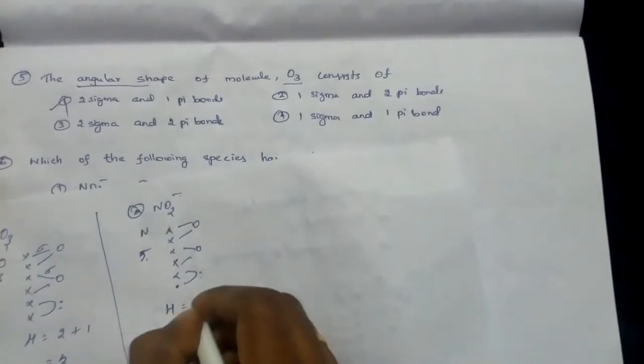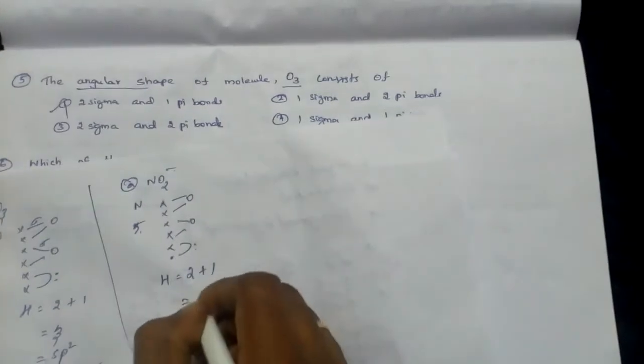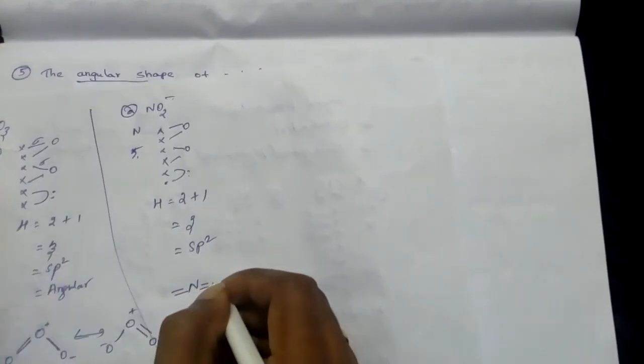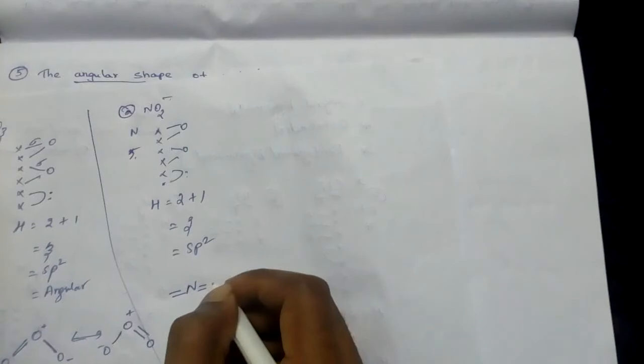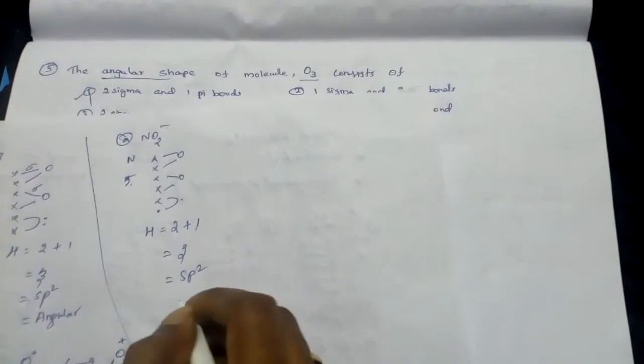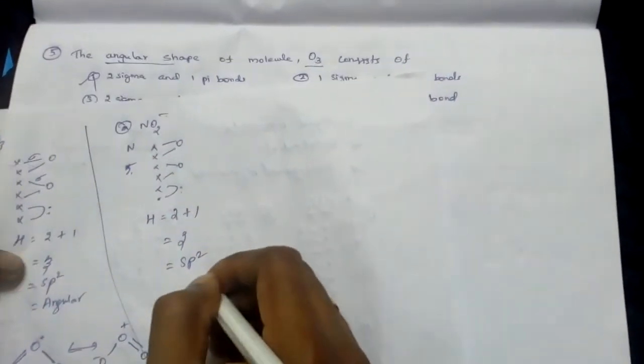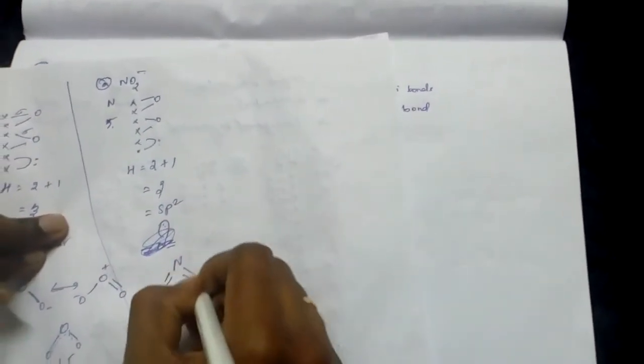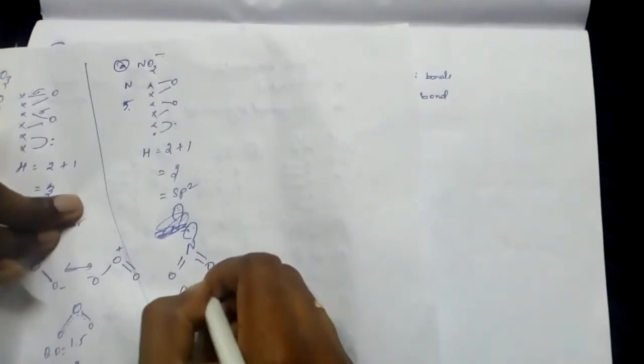Hybridization is equal to 2 plus 1 equal to 3, which means sp2 hybridization. They ask only for the linear shape, so we don't get a linear shape for sp2 hybridization. Here one lone pair is there, so this comes in the angular shape.